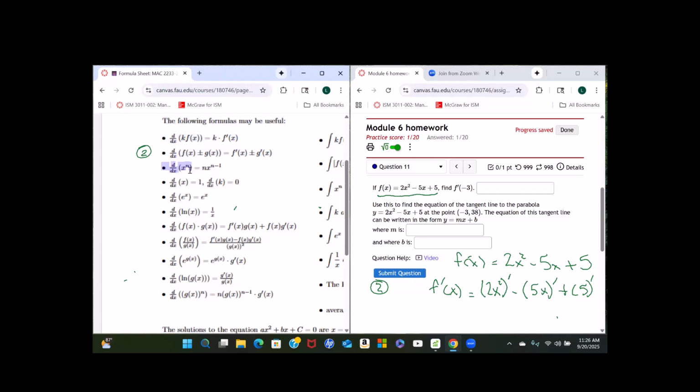Now I'm here and I want to take the derivative of 2x squared first. What's the next step I could use? I want to use number 1 next because this is the same as 2 times the derivative of x squared minus 5 times the derivative of x plus the derivative of 5.